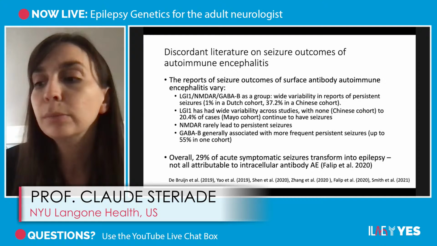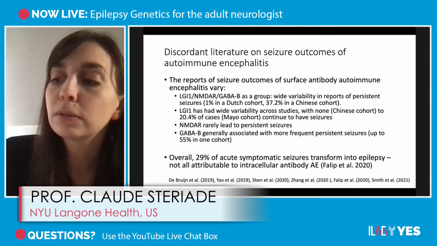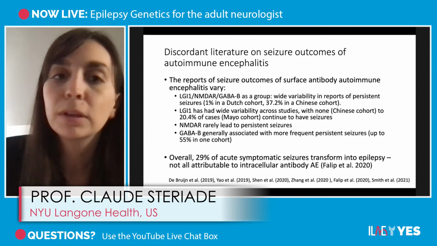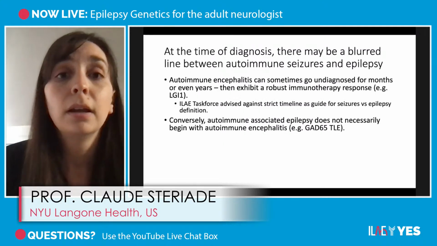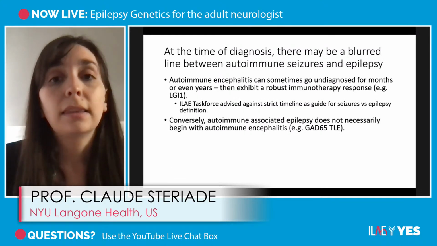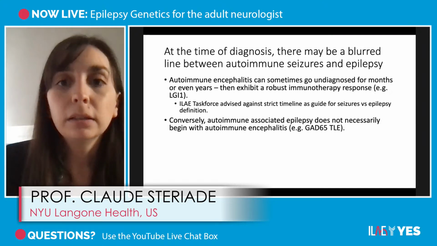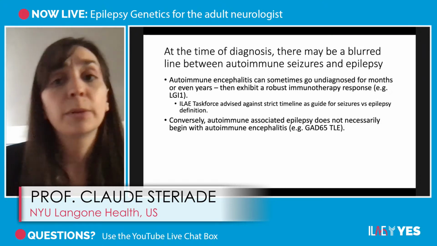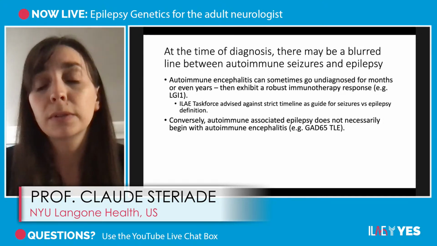So I think we need to be a little bit less uniformly optimistic when we counsel our patients with cell surface antibody encephalitis that they'll for sure be able to come off medications and not have epilepsy, because that's truly not the case. And the second thing is, when you're meeting a patient, it may not always be clear whether you're dealing with acute symptomatic seizures from an autoimmune encephalitis or an autoimmune-associated epilepsy.